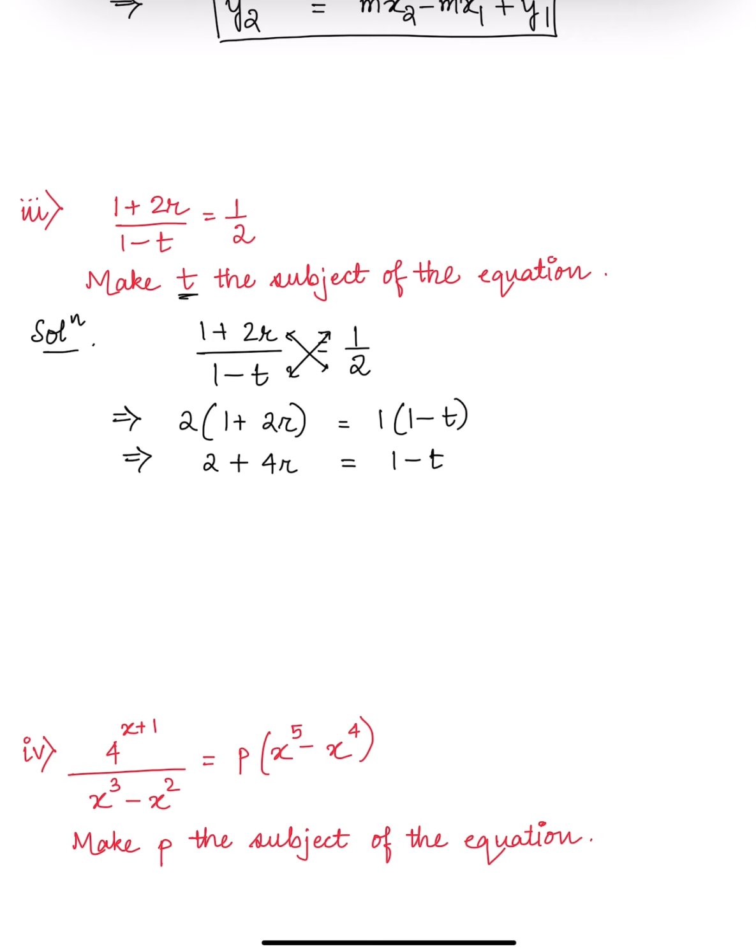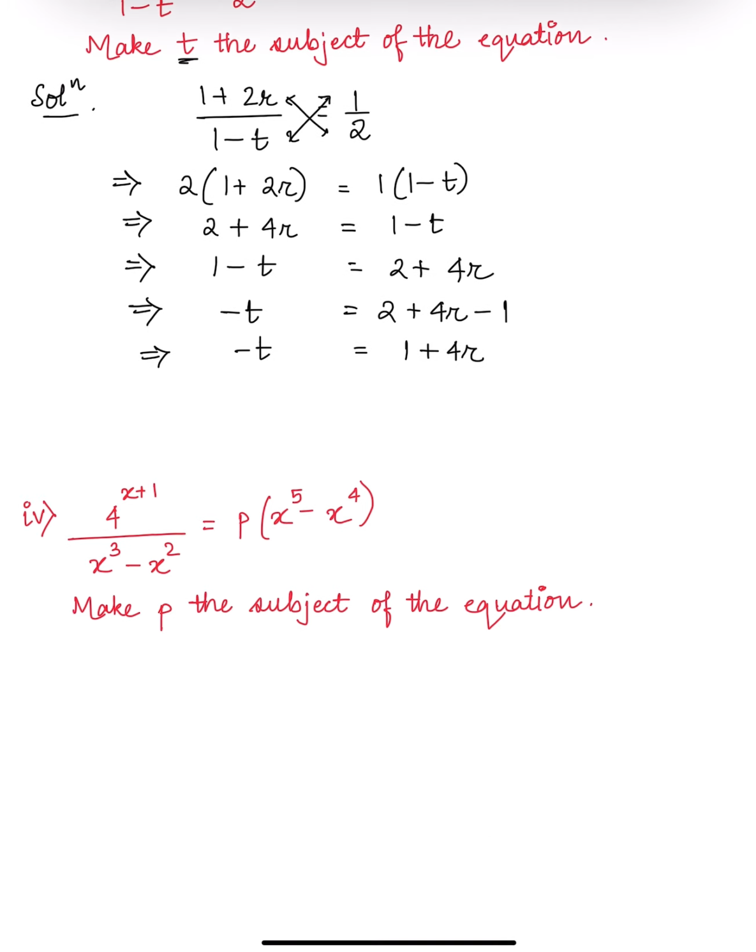Now t has to be the subject, so we have to keep that to the left hand side. So 1 minus t is 2 plus 4r. Now minus t will be 2 plus 4r minus 1. That is minus t will be equal to 1 plus 4r.